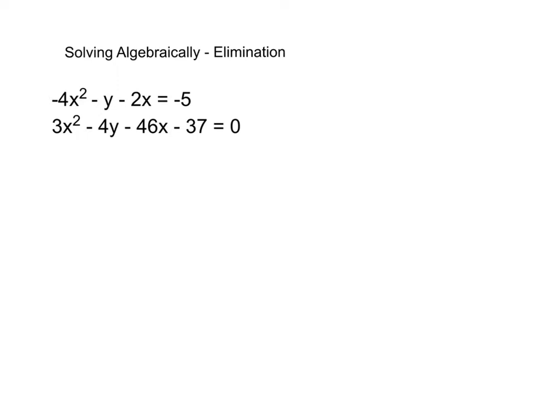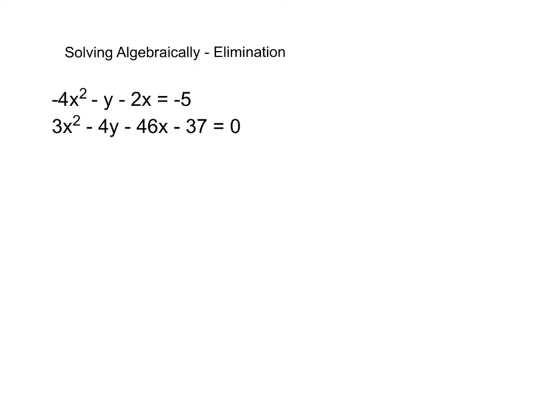The other difference is we have to be a little more careful about what we decide to eliminate. So when you look at this one, you could choose to eliminate the x's or the y's, but in particular here we have to eliminate the y's. Do you know why? Because there's 2 different kinds of x's, right? There's x squareds and there's x's.